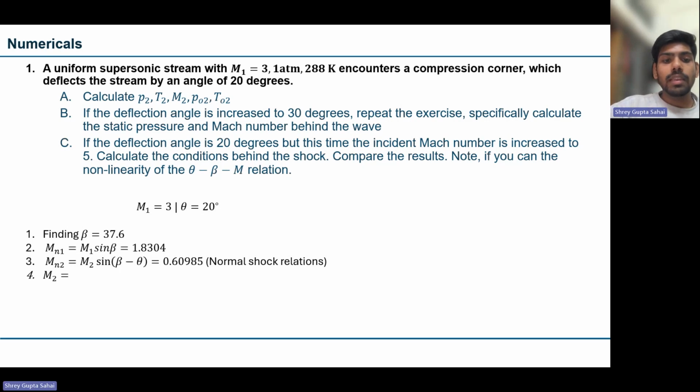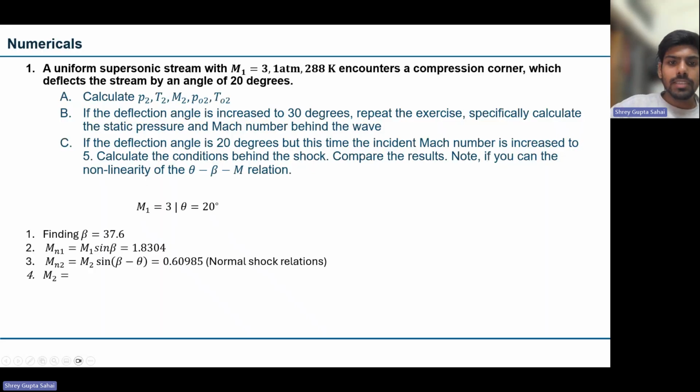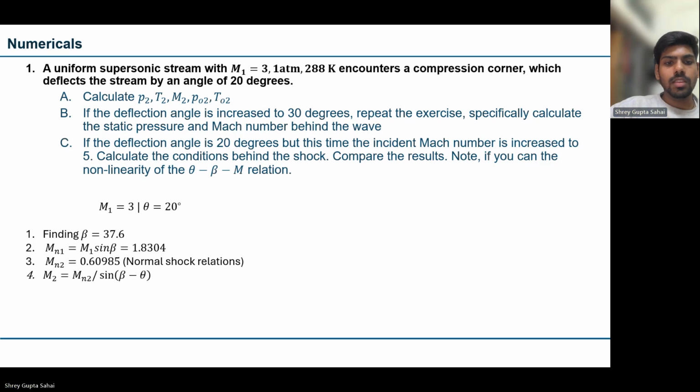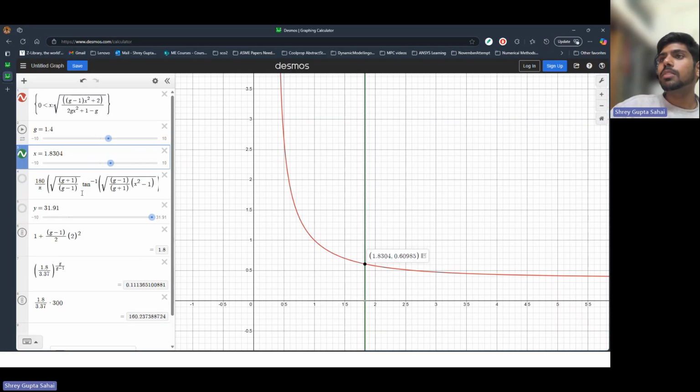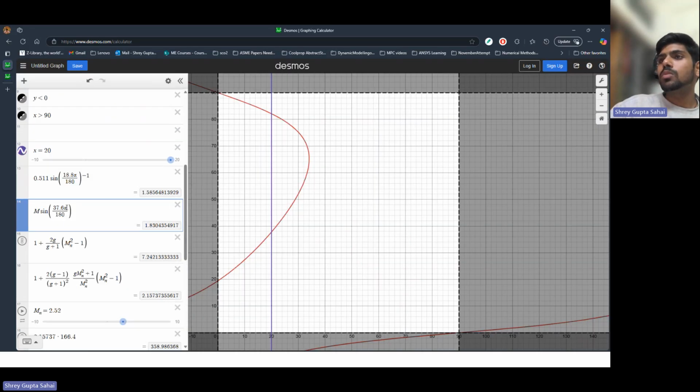Now, correspondingly, M2 can be found using this relation. Maybe it makes more sense to write it as this. So what do you find? Instead of using the calculator, let me just go ahead and use this.